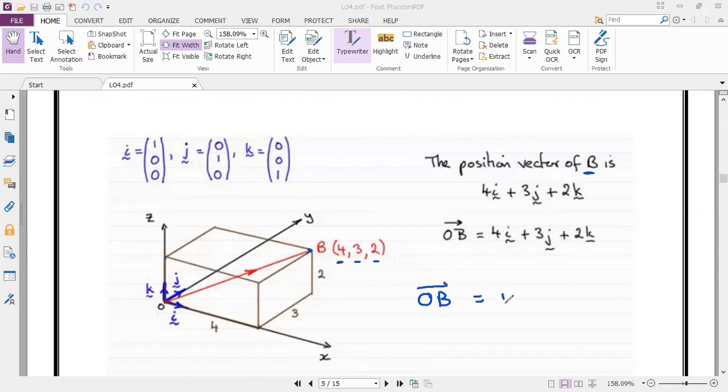OB is the same as the position vector B. But B is a shortcut in writing. Instead of writing OB, we write it as B. And here we moved 4 units on the x-axis, as you see, and 3 units on the y-axis, and 2 units up here. So what is the position vector here, OB? It's 4i plus 3j plus 2k.